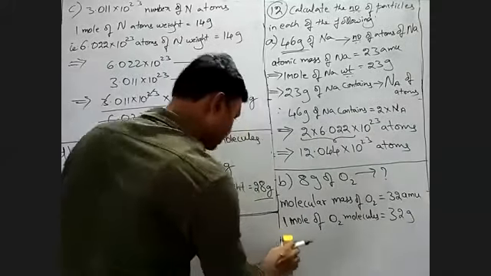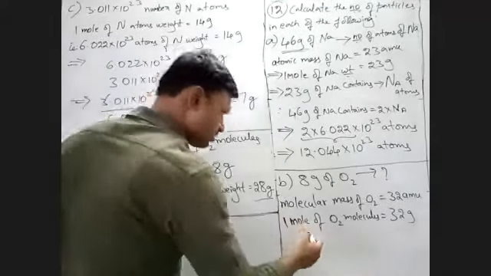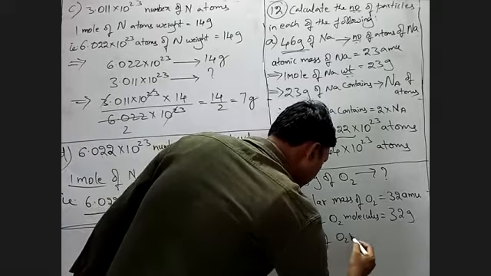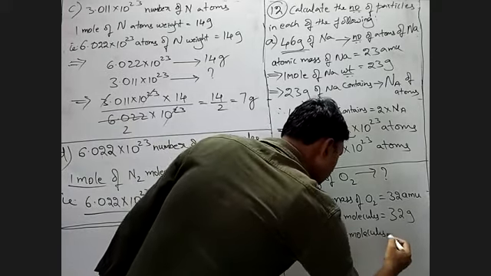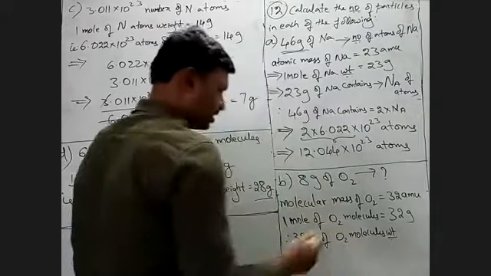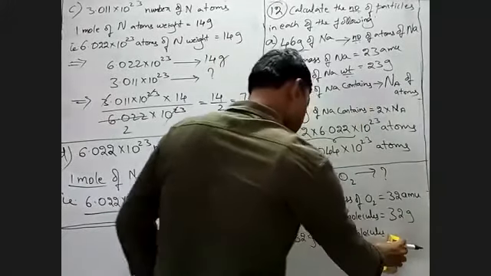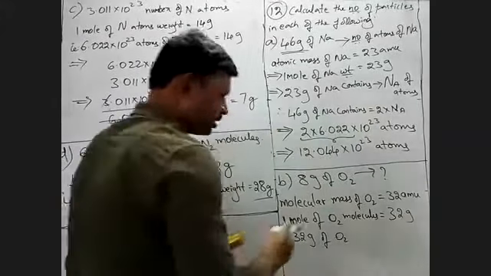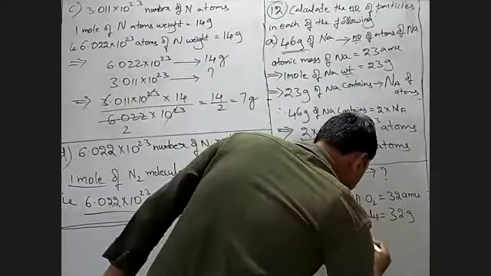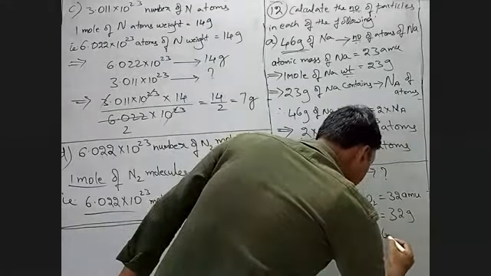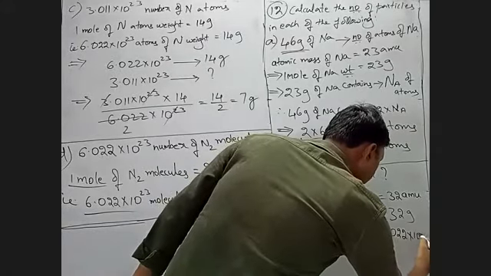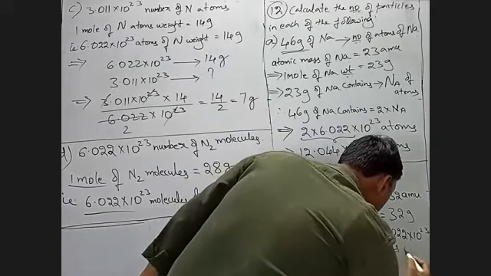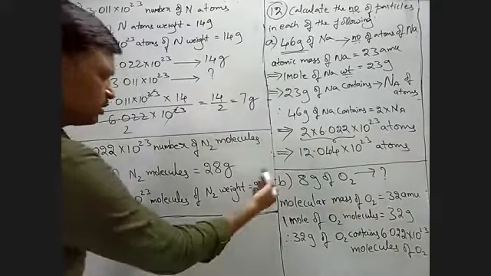So 32 gram of oxygen contains 6.022 into 10 power 23 molecules of oxygen. Right.